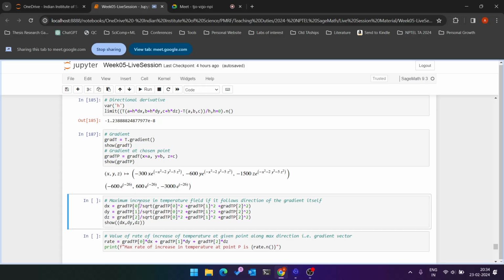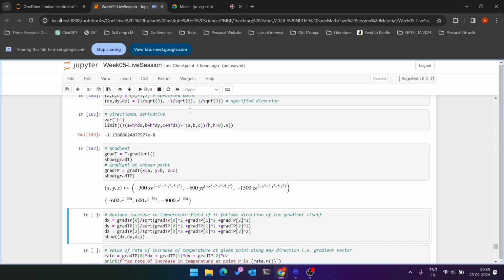Now we know that since we are interested in calculating the directional derivative, we have to take the dot product with this gradient vector that we have at our point P. The dot product between any vector and this vector will be maximum only if that vector aligns with this gradient vector, with the restriction that our vector is a unit vector.